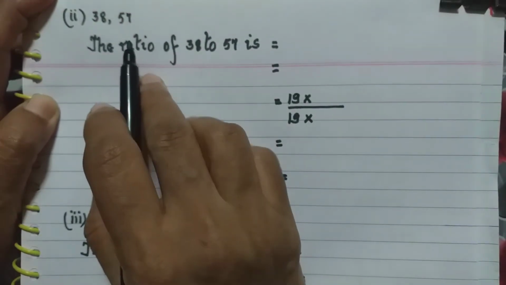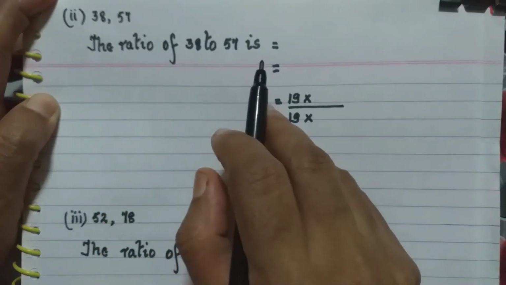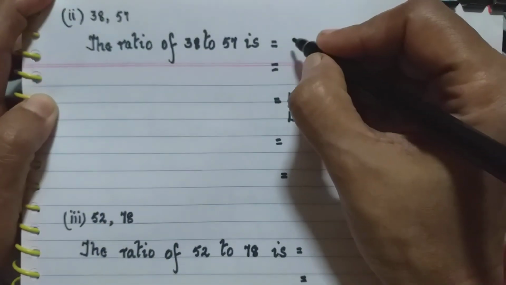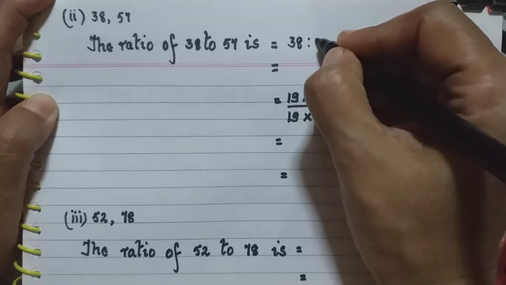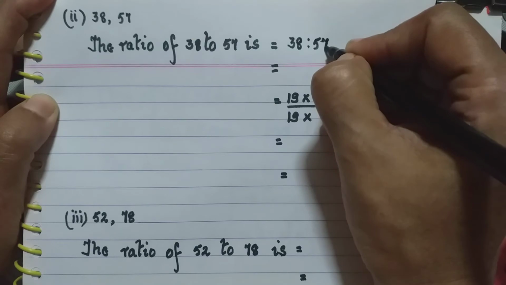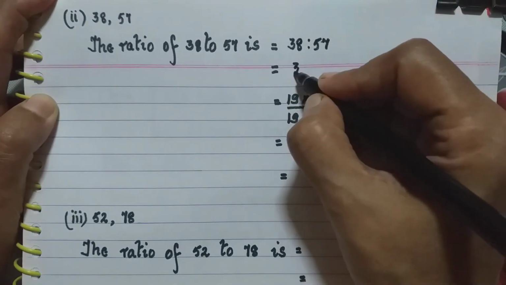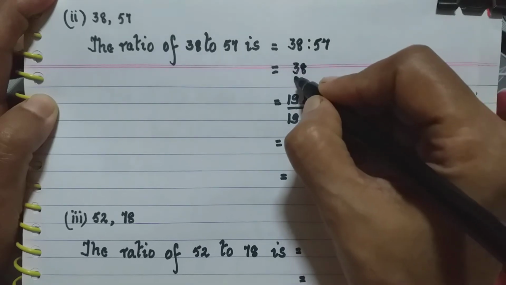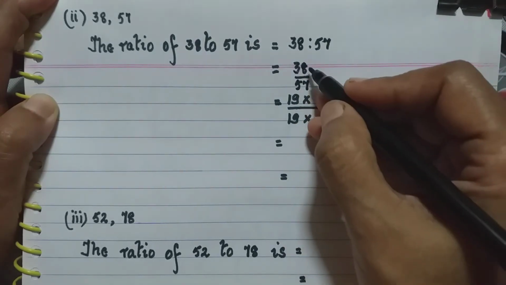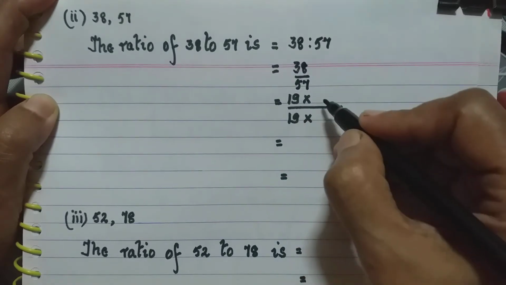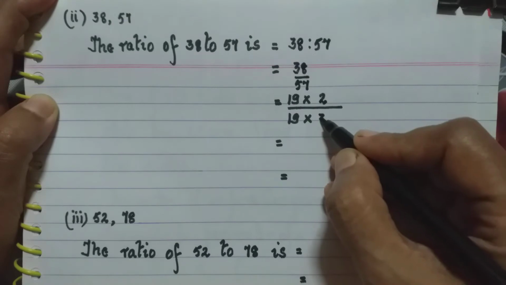Second sub question: 38 and 57. The ratio of 38 to 57 is written as 38 is to 57. And I told you, when we have to simplify it further, we write it as a fraction. So 38 upon 57. Now 38 is 19 into 2 and 57 is 19 into 3.